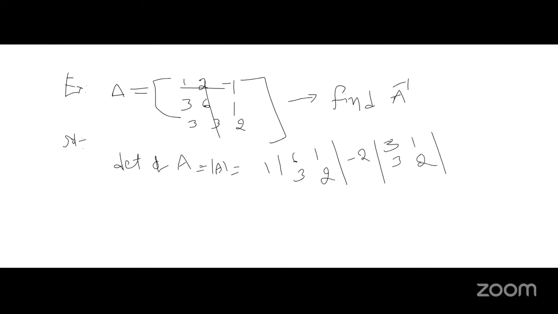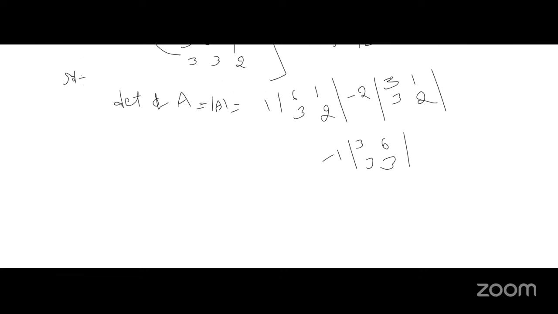Next, here -1 will be there, so -1 into the determinant of 3, 6, 3, 3.